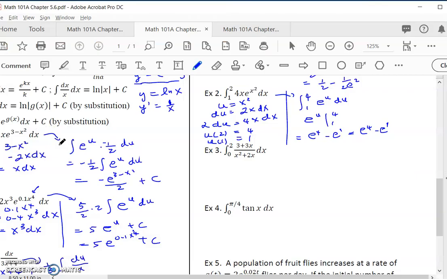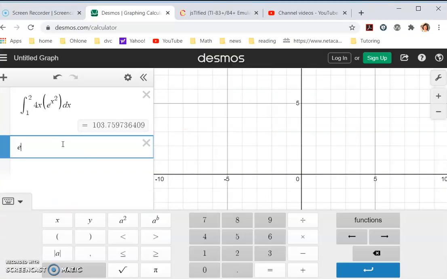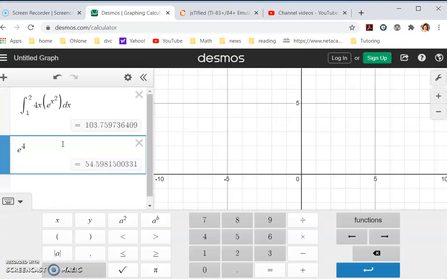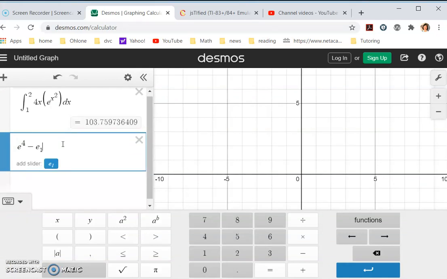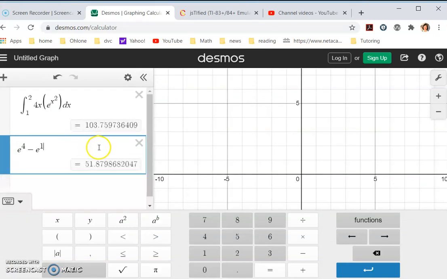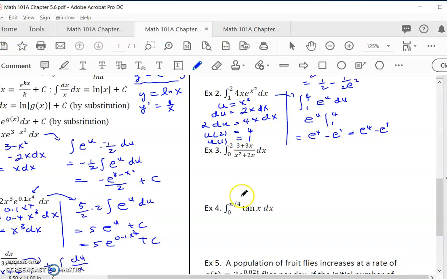But how do I check that it is right? e to the 4 minus e to the 1. Oopsie. Oh, it is not correct. What did we miss? I think we missed the 2 maybe, right? Because when we write du, it should be 2 here.